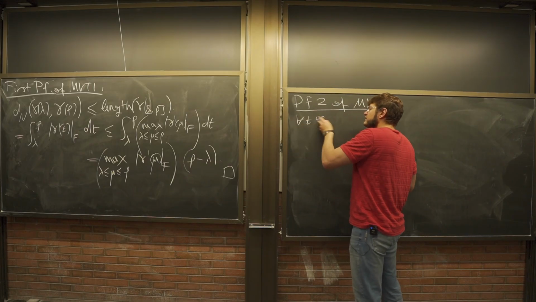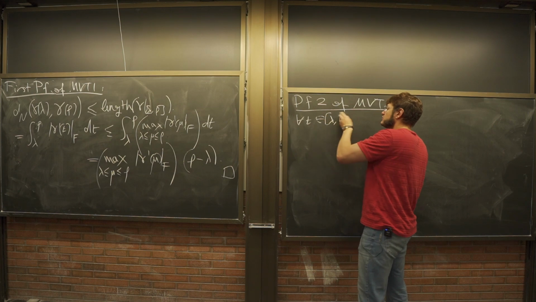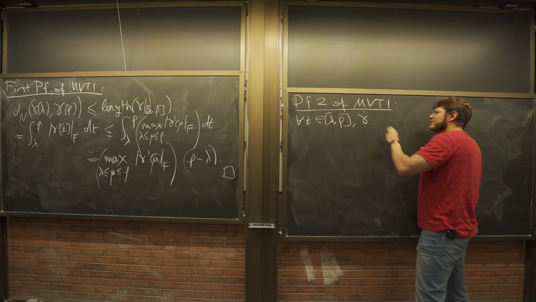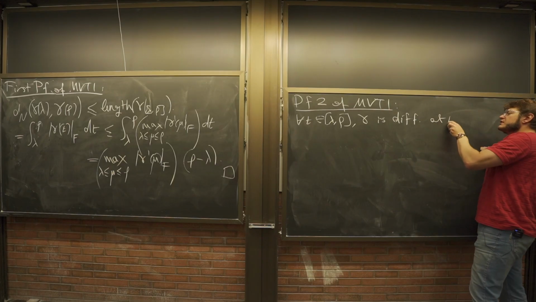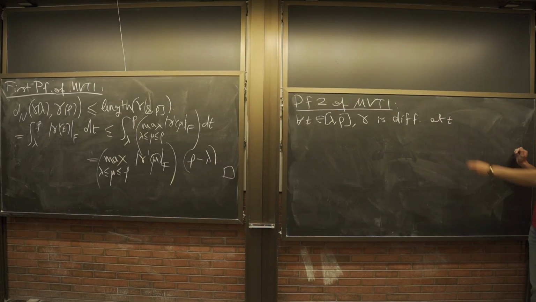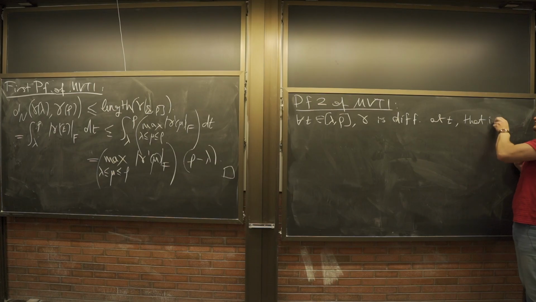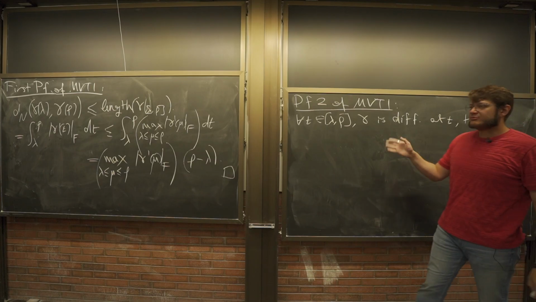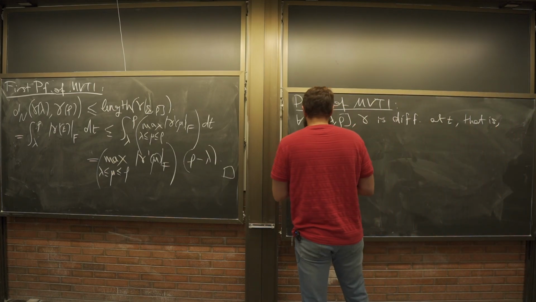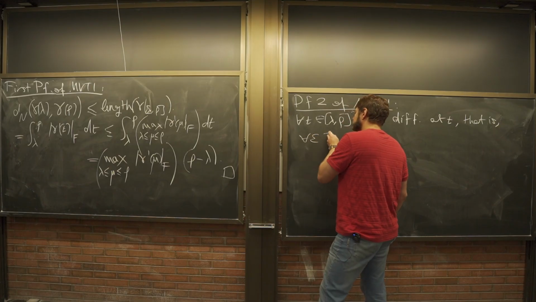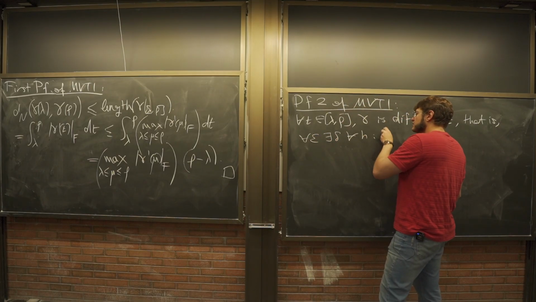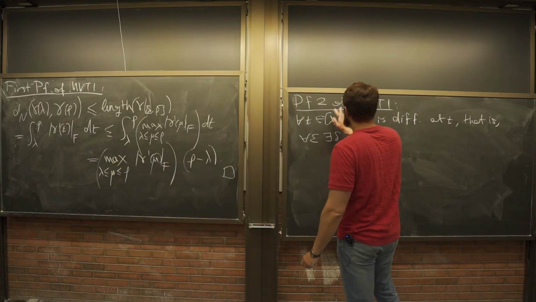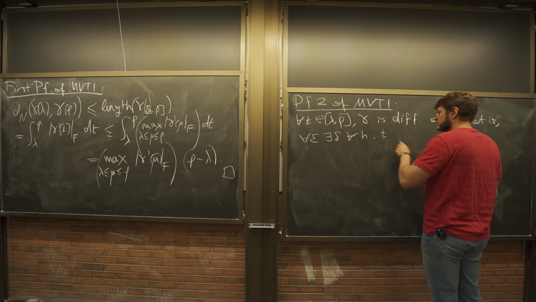For any t in lambda rho, gamma is differentiable at t. That is, well, for any epsilon, there's a delta, all that stuff, okay? For any epsilon, there's a delta, such that for any h, okay? And in fact, yeah, let's leave it like this.